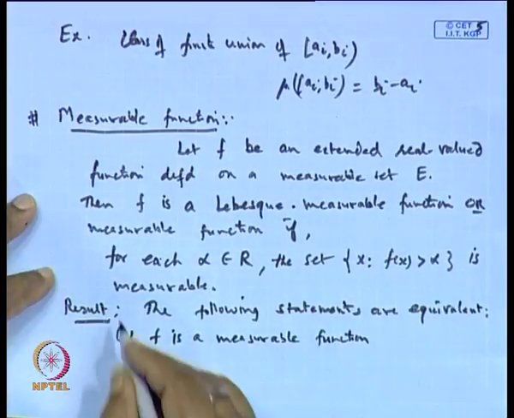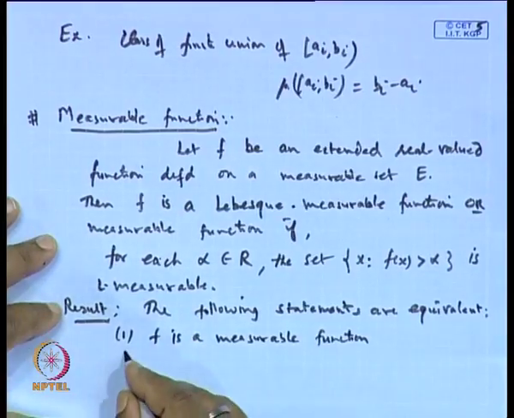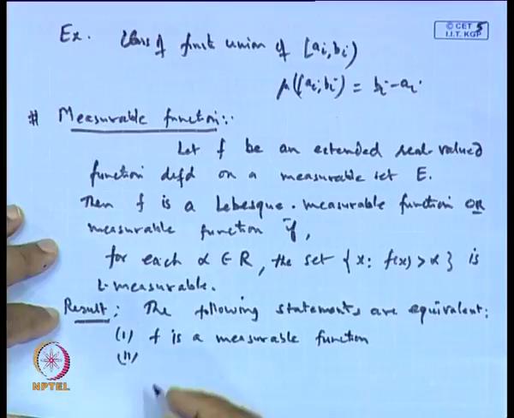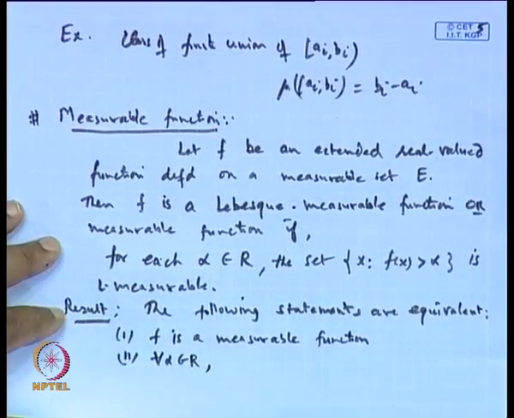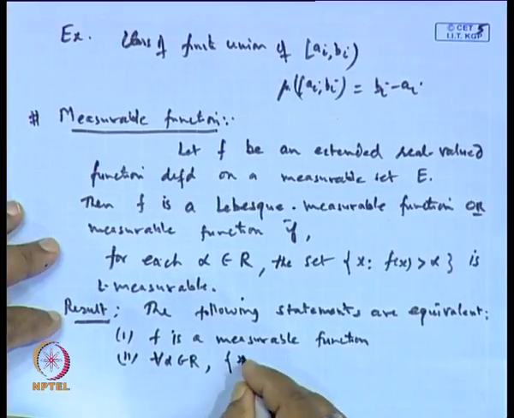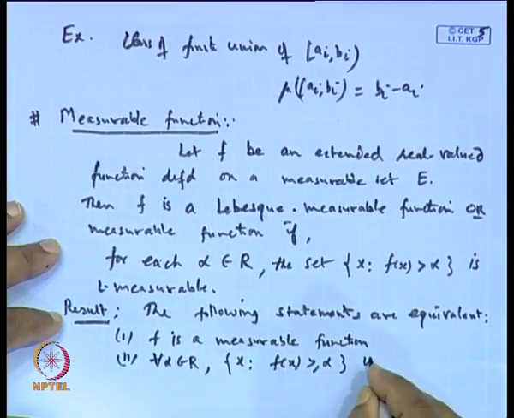The second condition is that for every alpha belonging to R, the set where f(x) is greater than or equal to alpha is a measurable set.